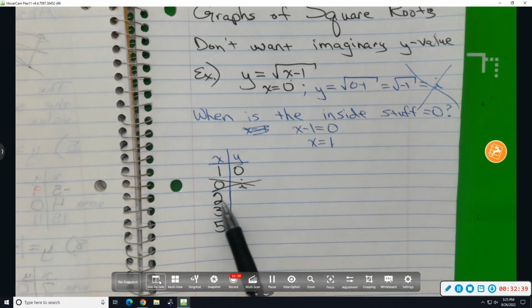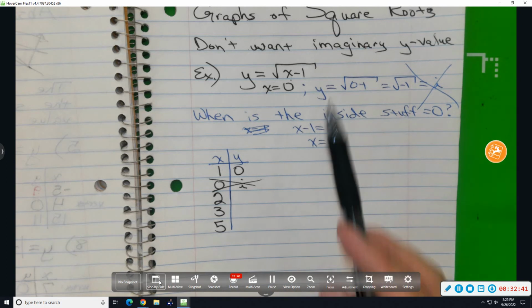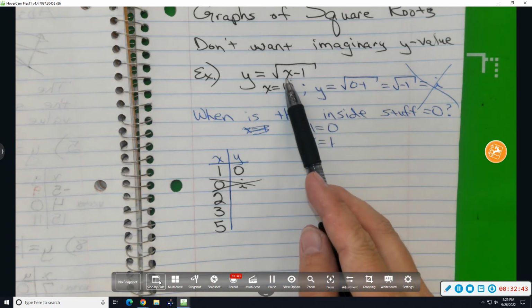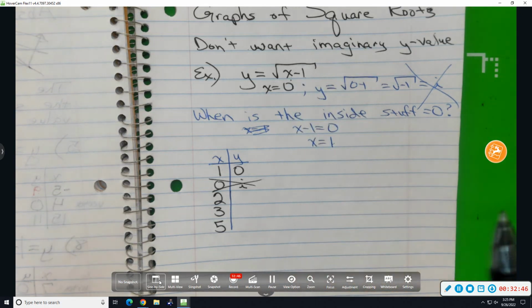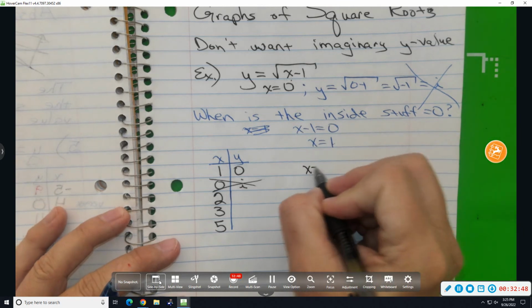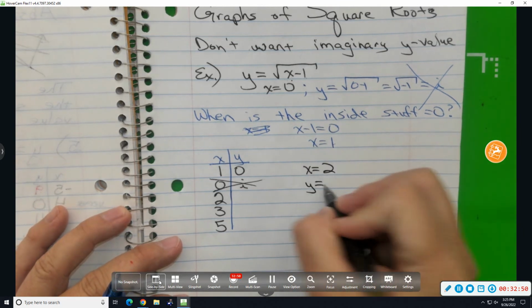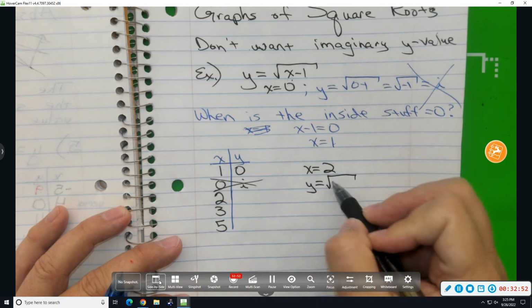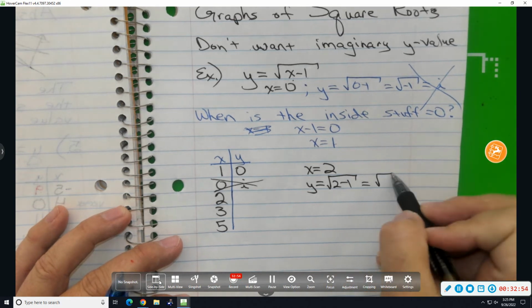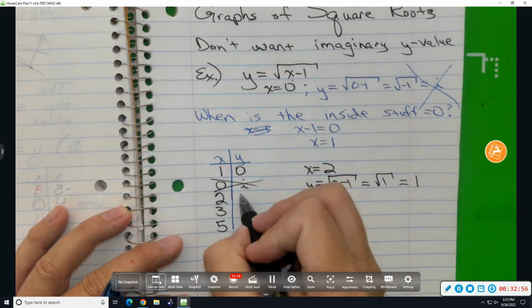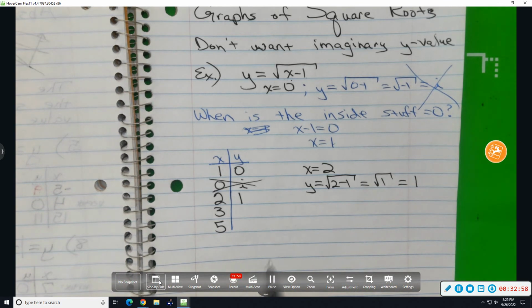Plugging in 2, we get a nice y value. We get the square root of 2 minus 1, which is the square root of 1, which is 1.